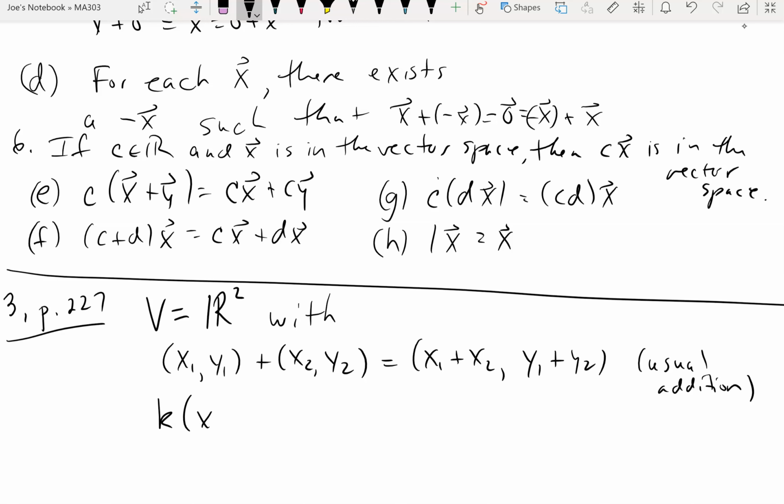They use a K in this problem as opposed to a C, but it doesn't really matter. So notice it says that when you do the scalar multiplication, whatever the K is, you're going to double it before you do the scalar multiplication as usual.